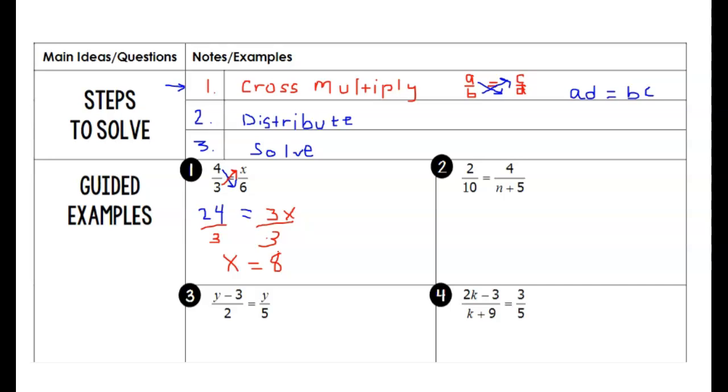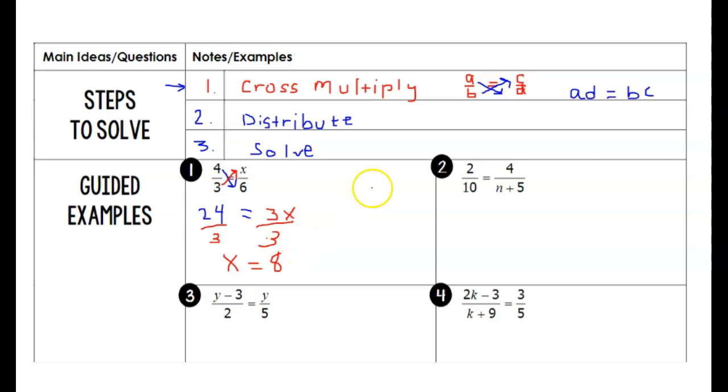Example number 2. Is this a proportional relationship, yes or no? Do I have two fractions set equal to each other? Look at it. Yes.